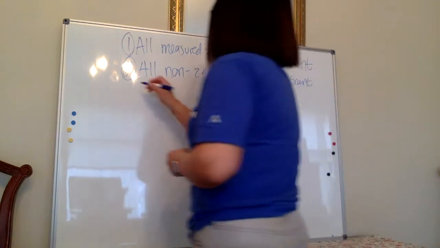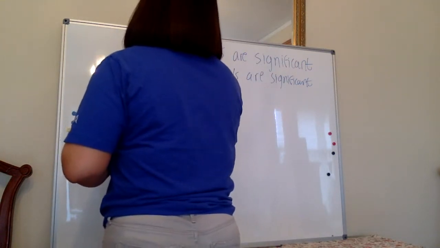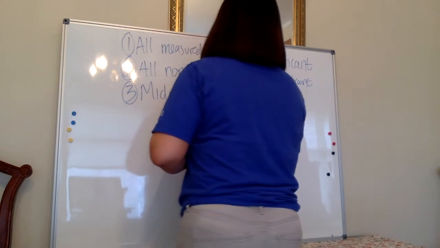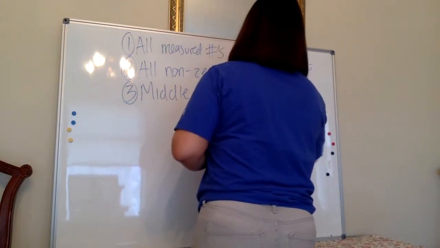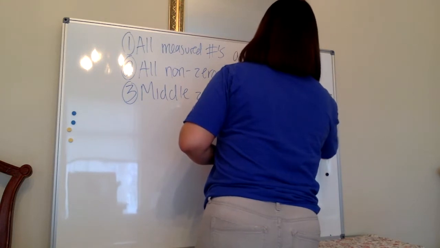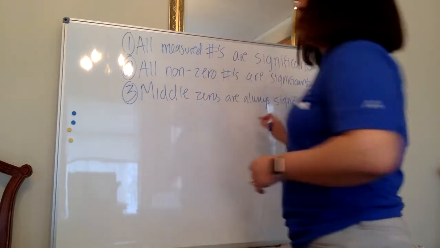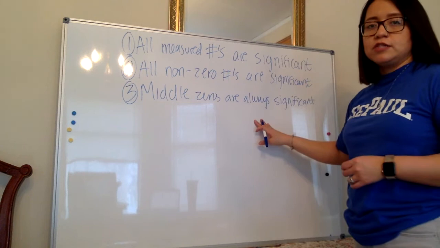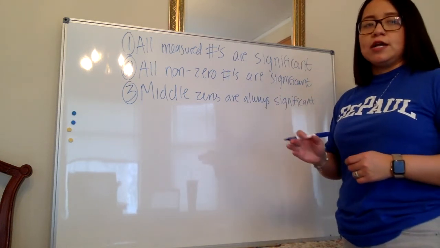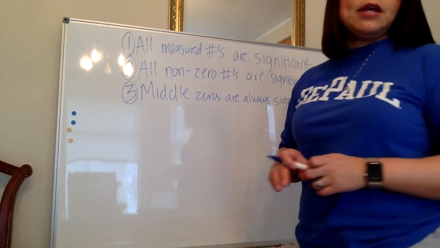Middle zeros are always significant. And I will give you an example of what a middle zero is, but a zero that's between 2 numbers, basically a number between 1 and 9, that is considered significant.